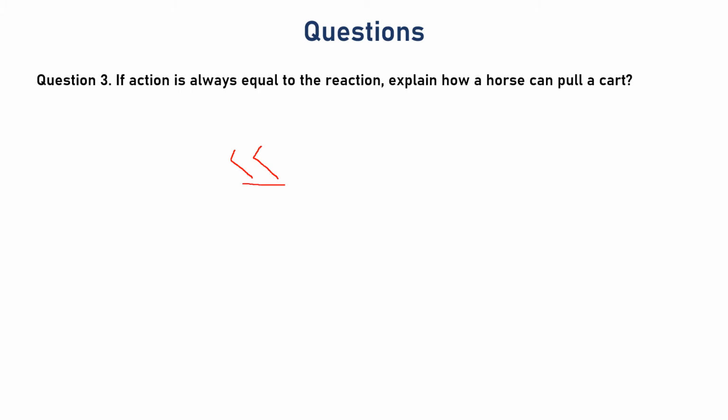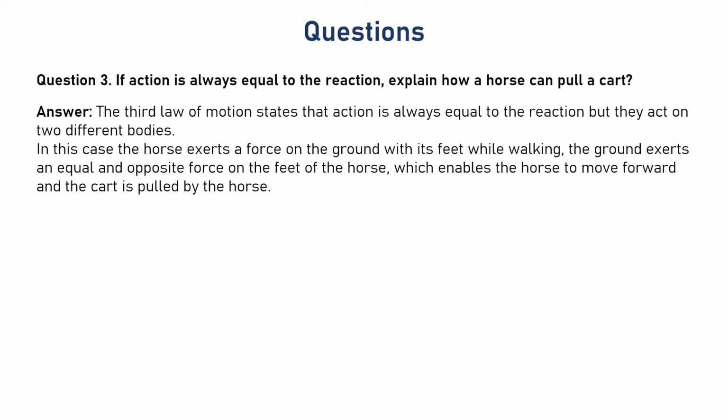Because of the force exerted by the horse's leg on the ground, definitely it goes forward, because the ground is also exerting an equal and opposite force on the horse, and because of that the horse can pull the cart, right, students? So you can see the question and answer here. You can note down the answer in your copy, right?